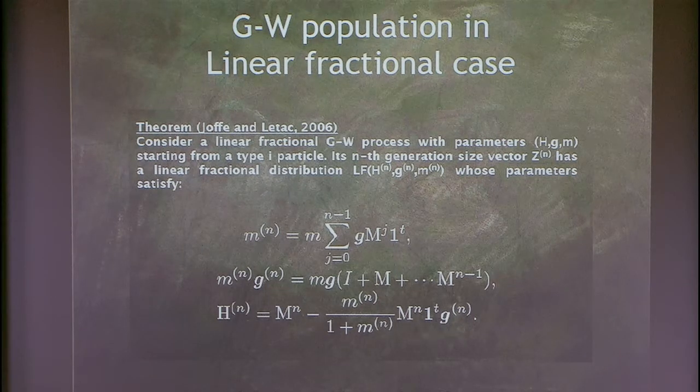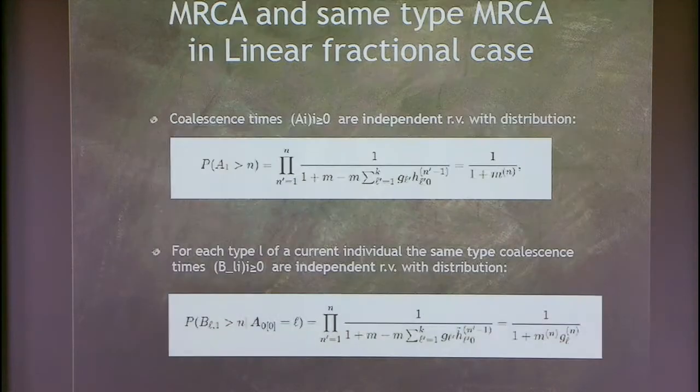So you know a lot about what the types of individuals at generation n will be if you have such a nice offspring distribution.